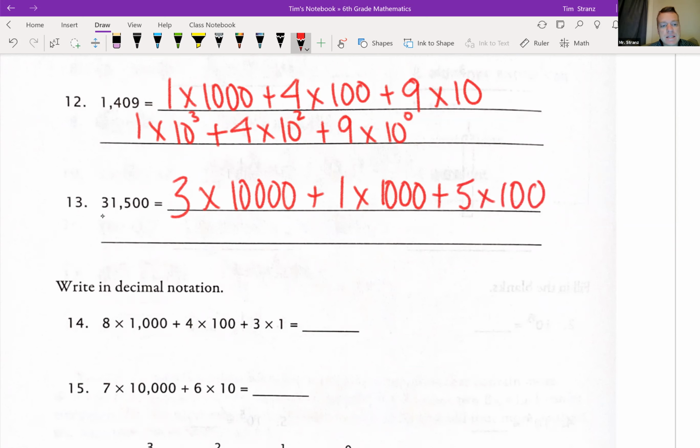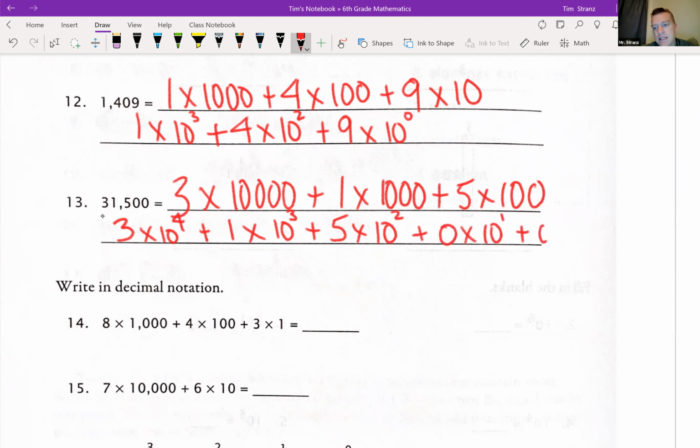Okay, exponential notation, we're going to have 3 times 10 to the 4th power plus 1 times 10 to the 3rd power plus 5 times 10 to the 2nd power. Okay, if you really wanted to get technical with it, you could continue to put in your zeros. This would be 0 times 10 to the 1st power plus 0 times 10 to the 0 power.